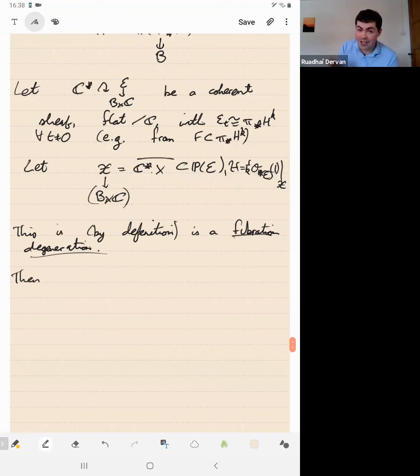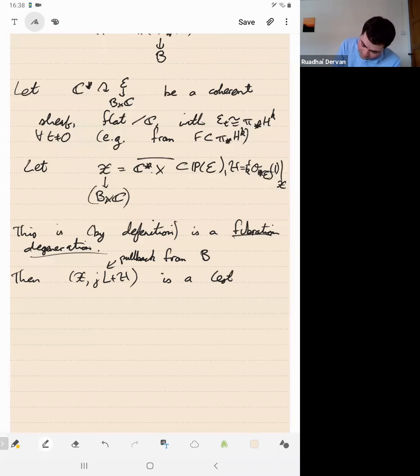Then one can produce genuine test configurations essentially just by pulling back a line bundle from B. So curly X with JL + H, in additive notation for tensor powers of line bundles, where L is pulled back from B, is a test configuration for the total space X with the line bundle JL + H for all J very big.